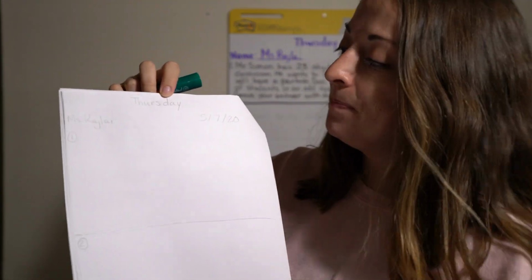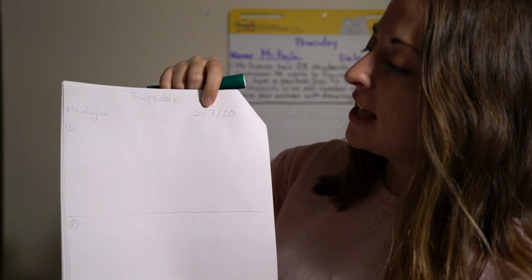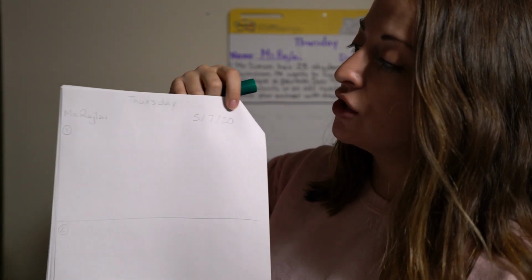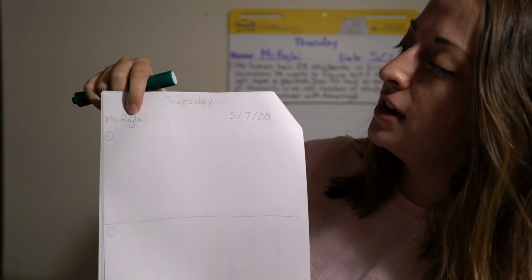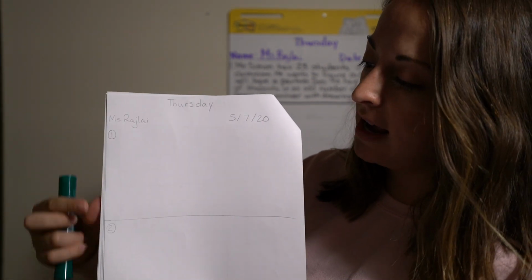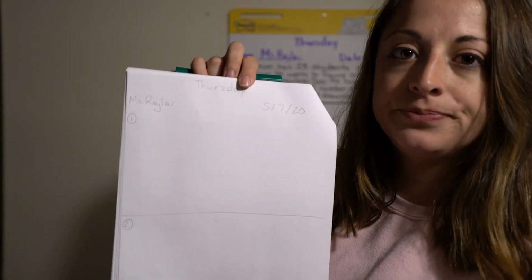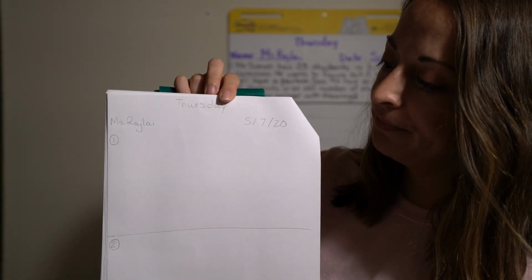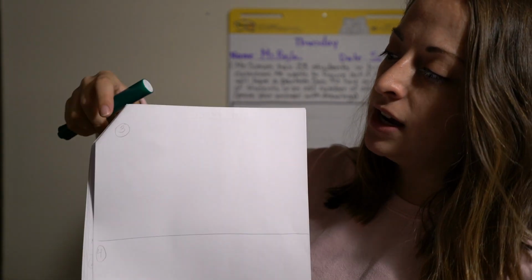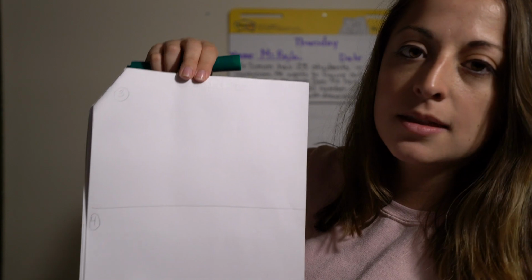Let's keep it going. So for materials today, you're writing Thursday at the top, 5/7/20, your name, then 1 and 2 with the line in the middle. On the back, you're writing 3 and 4 with the line in the middle.